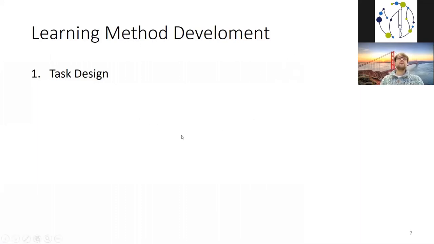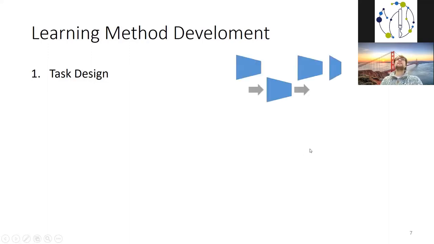So the general process of creating a new method for learning in CHI, or in any field really, is that we first have to define the task that we want to follow. So this might be a segmentation task or a pose estimation task. But this definition does not only include things like segmentation, it includes how the general layout of this task looks.